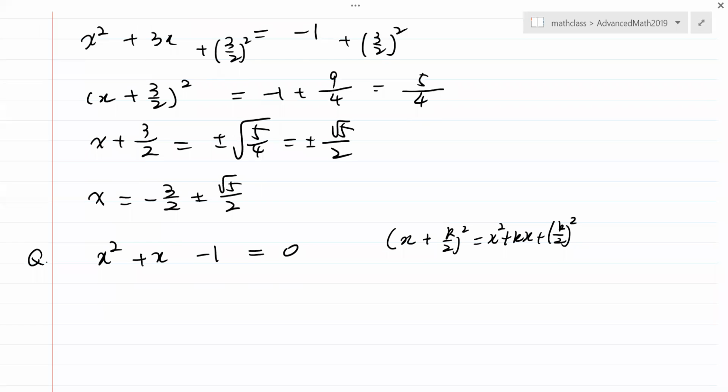This is another version of the formula. If you multiply this out, you get x squared plus kx plus (half of k) squared. So here, x squared plus x equals 1, right?